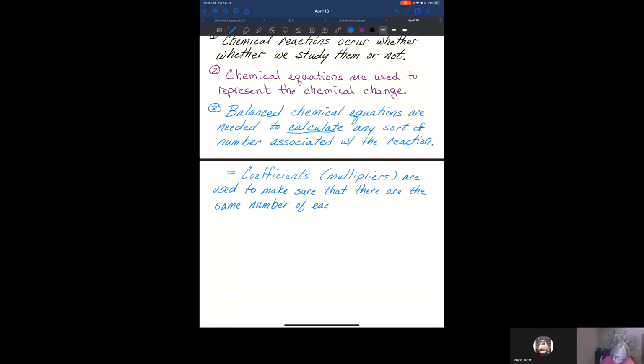So we're going to be using these coefficients to make sure that there are the same number of each kind of atom in the reactants as in the products.